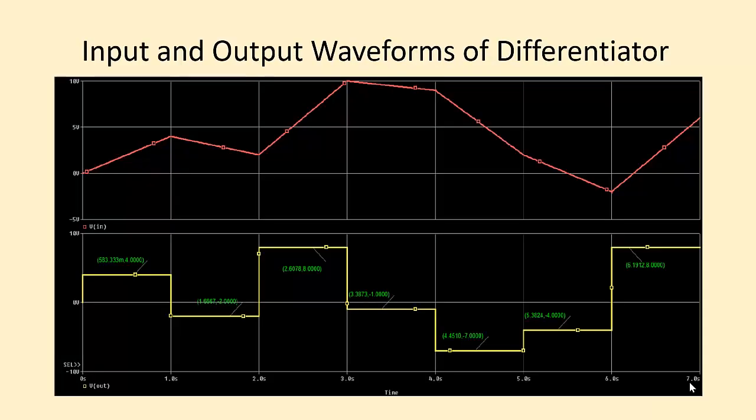Here we have the input-output waveforms of a differentiator, and whenever the input has a positive slope, our output is positive because it's taking the derivative, and whenever the input has a negative slope, then the output goes below 0. This is just an example of a block. This is the differentiator block that we're using.